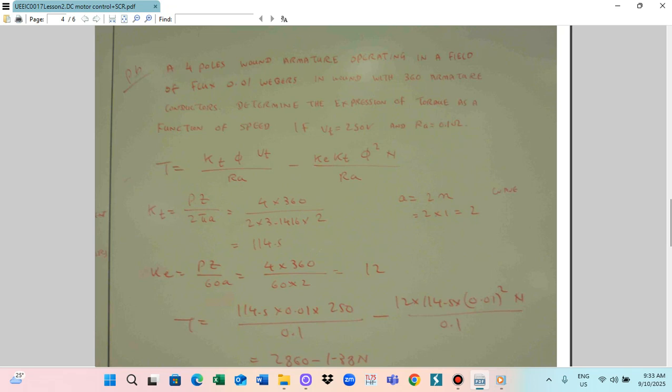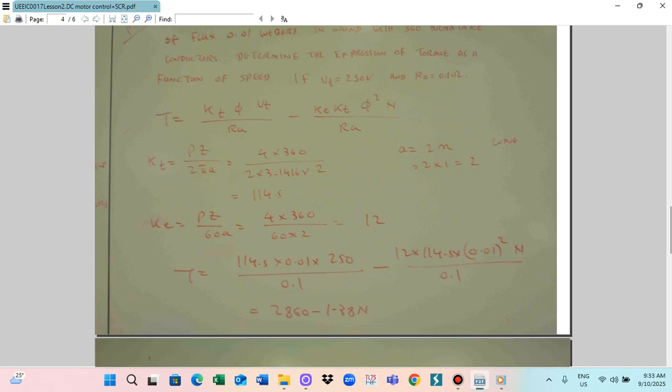The torque and speed relationship diagrams we can calculate. So this is the equation. Depending on the kind of motor, sometimes our motor will be a curve like this. This is for the torque, and the speed is on the other axis. So we use the torque equation and we can draw it this way.